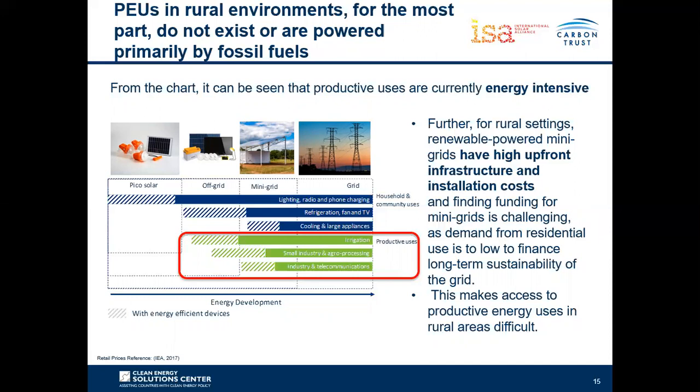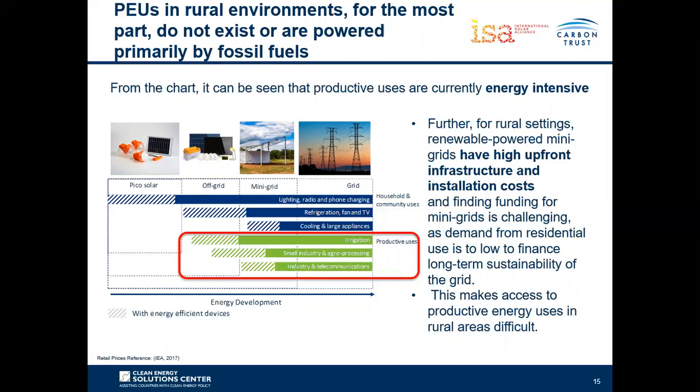And the difficulty for those that do not currently have access to electricity or are under pico solar or off-grid is getting from that level to an electricity supply environment that is suitable for productive uses. We can see with energy efficient devices, you can experience some productive use activities under off-grid.